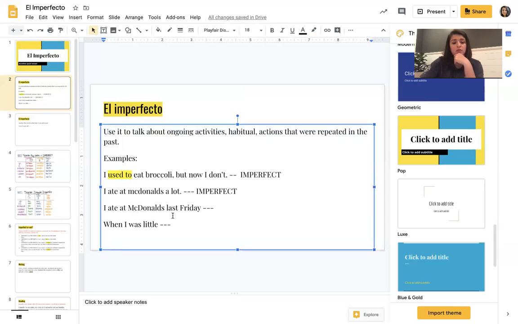I ate at McDonald's last Friday. So on that one, I'm being very specific about when I ate at McDonald's, and I'm talking about the one time last Friday that I ate at McDonald's. So that's not imperfect. That would be the preterite version of the word ate.